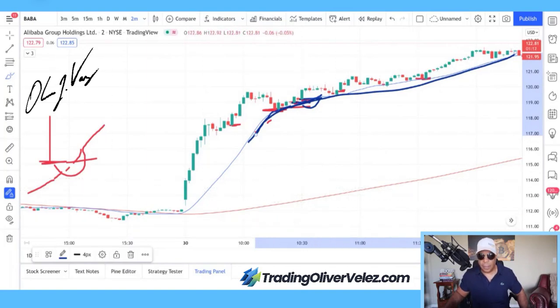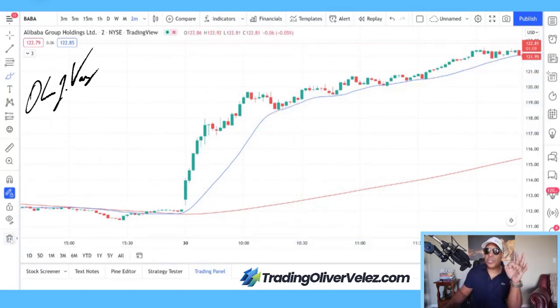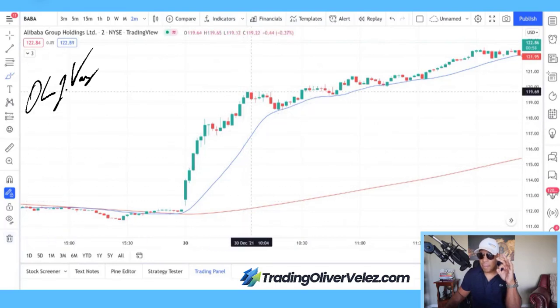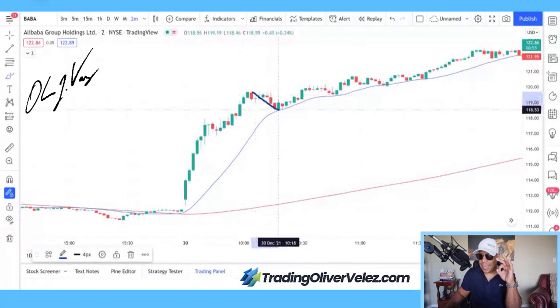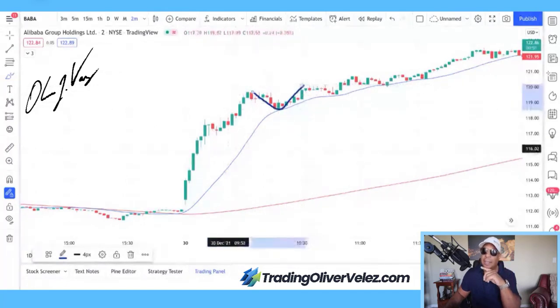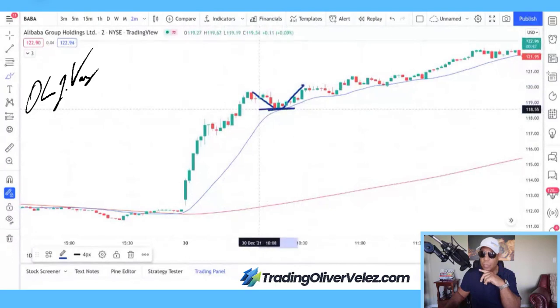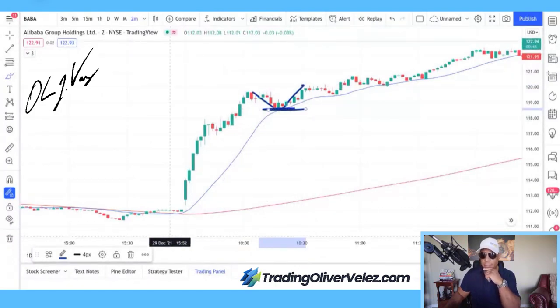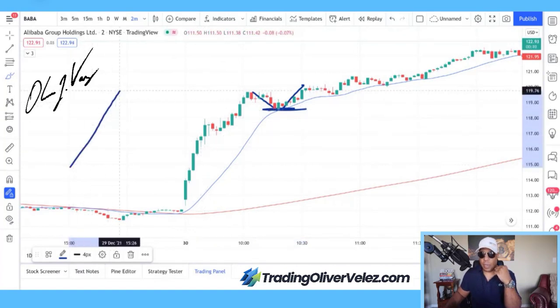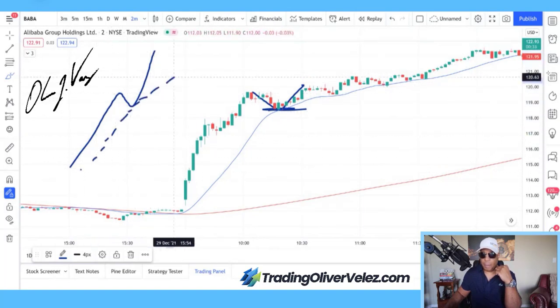Now, which moving average do you use? You need the stock to pull back to let you know. So see this pullback? It pulls back and it reacts off of the 20. That's telling you you've got to use the 20. Sometimes it'll pull back to the 8-period moving average and react there.